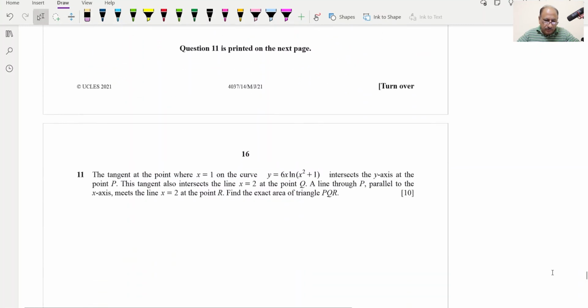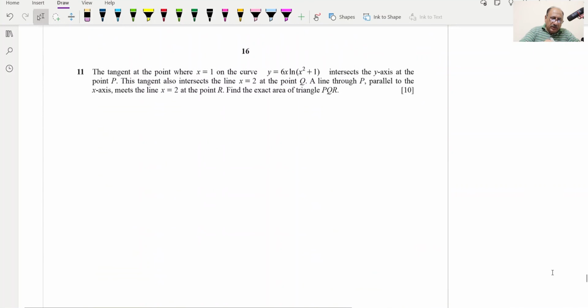Hopefully you understood this. Now question number 11. Question number 11 is huge, a 10 marks question.